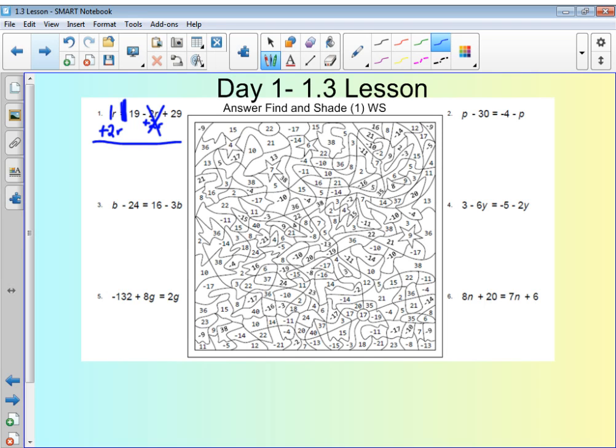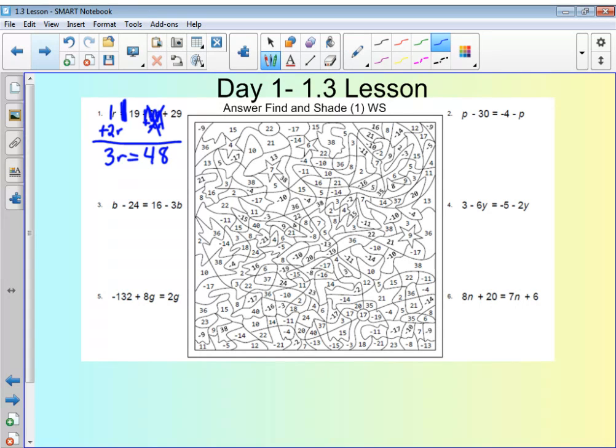So now 1R plus 2R is 3R's. Then my equal sign. And now what I have left on this side can be simplified. I have a 19 plus a 29. So 29 plus 19 is going to give me 48.